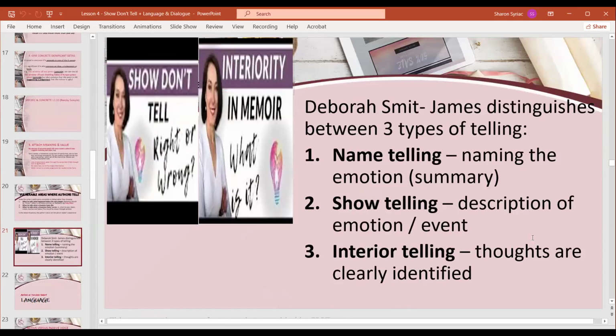Her name is Deborah Smith James, and she writes a lot about how to write a memoir. She wrote her memoir called When God Says No, and it's about when her mother died. She describes it as a grief memoir.